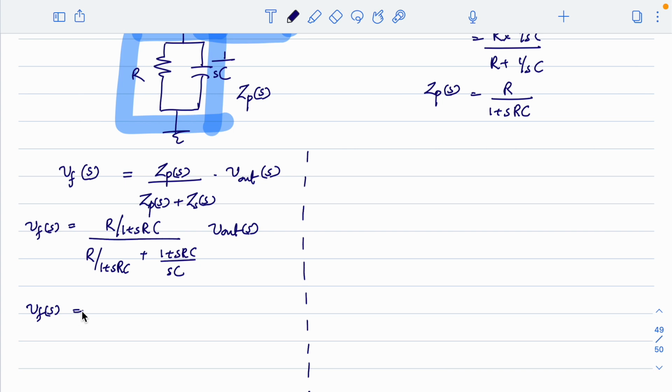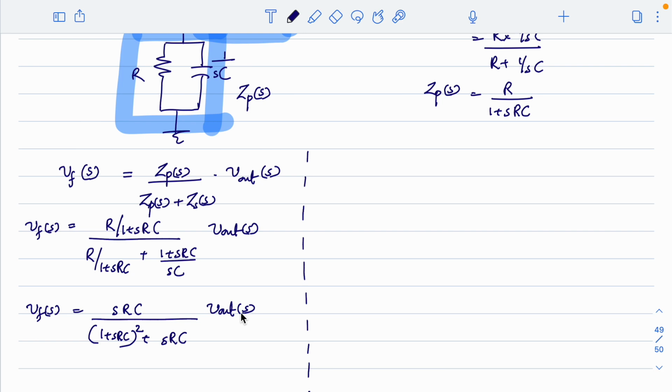In the denominator, 1 plus SRC we can cancel, SC will come to the numerator, so the numerator becomes SRC, divided by the denominator (1 plus SRC) the whole square plus SRC, into V out of S.